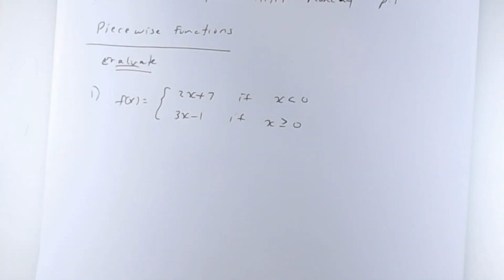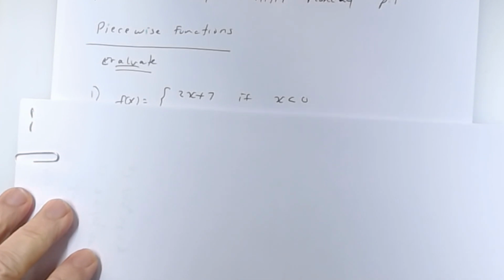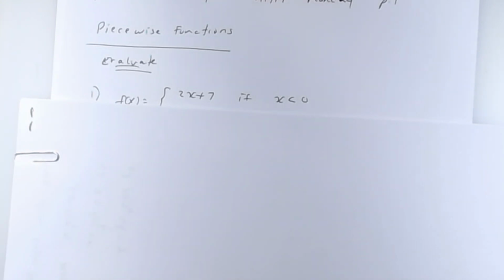All right, so this function is made up of two parts. It will be 2x plus 7 if the x's are less than 0. Now remember, when we talk about x coordinates, is that your domain or range? Domain.